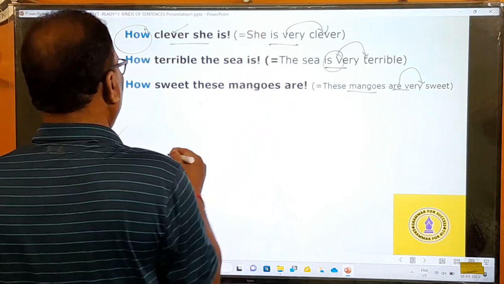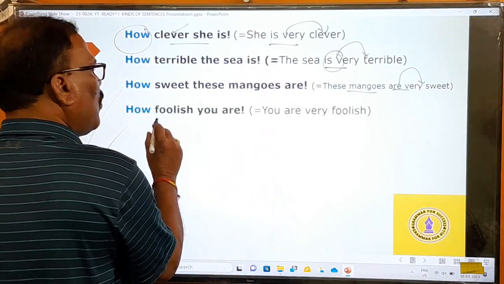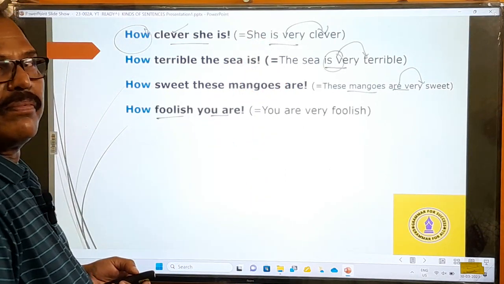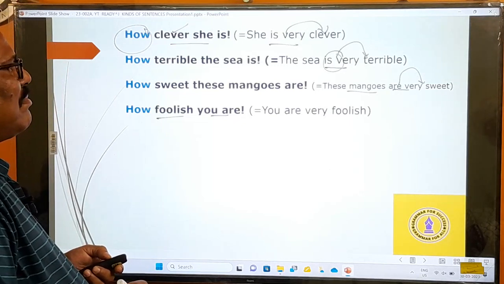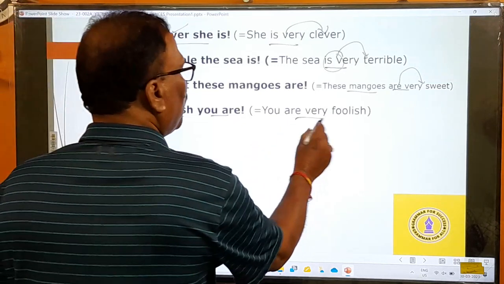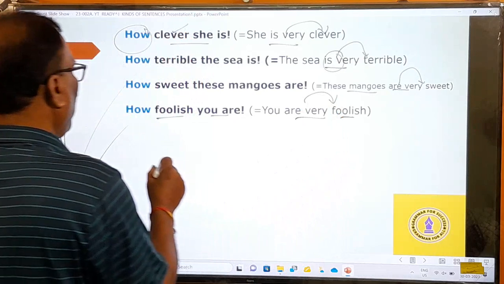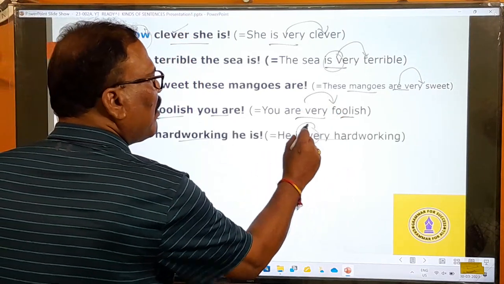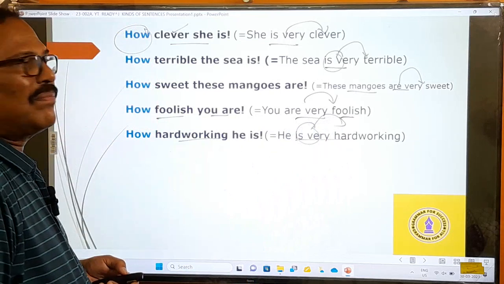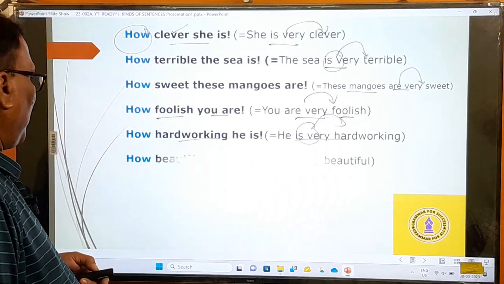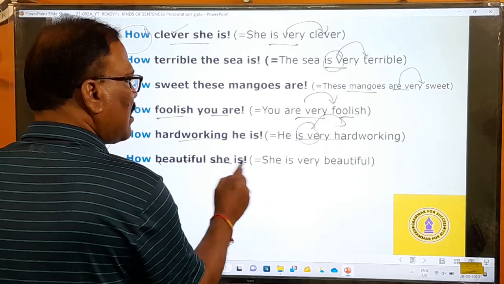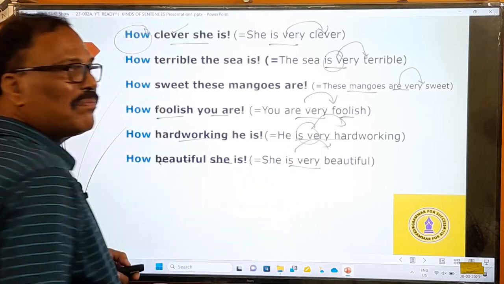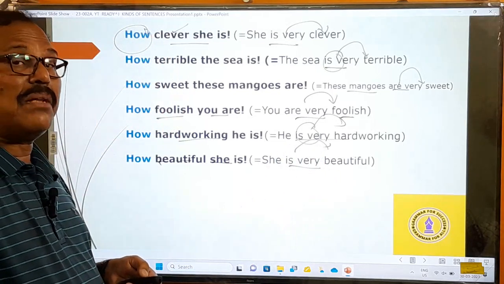Exclamatory mark. How foolish you are. That means you are very foolish. How hardworking he is. He is very hardworking. How beautiful she is. She is very beautiful. Therefore, there is an exclamation of surprise.